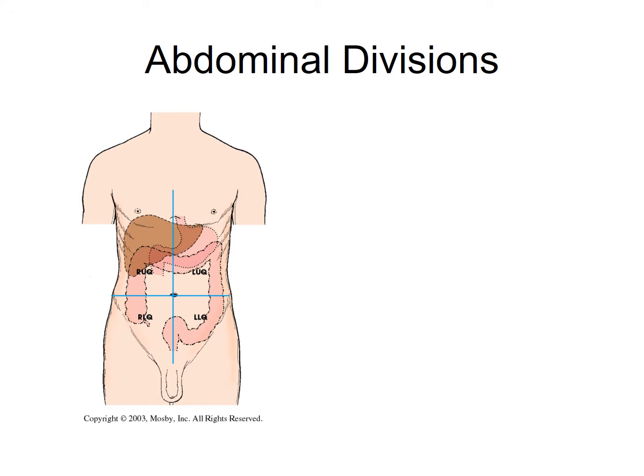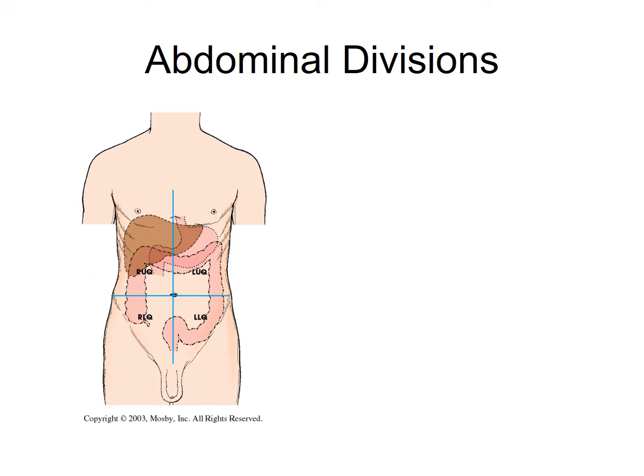Take a look at the blue lines here and where they are going to intersect. So we're going to see basically a sagittal plane coming down, and then we've got a horizontal plane going across, and these are going to meet at the patient's umbilicus, their belly button.